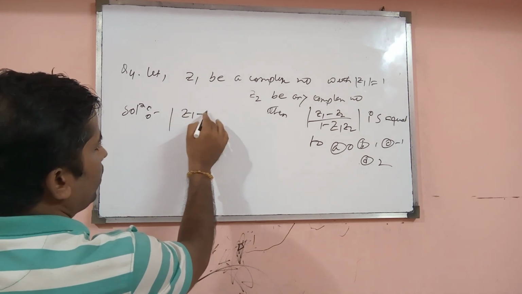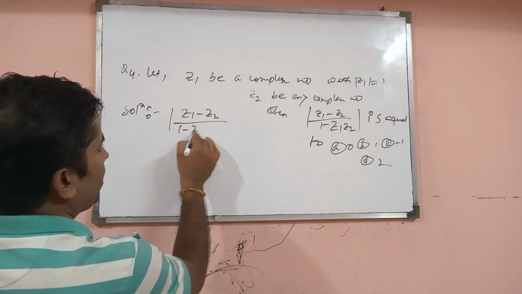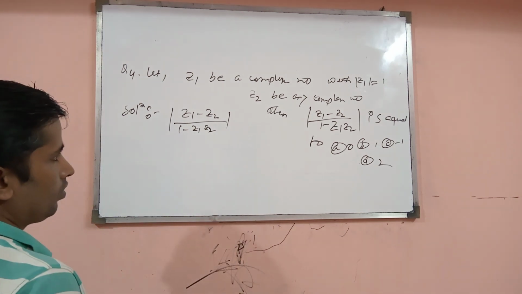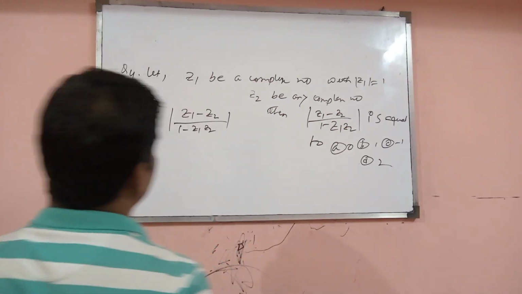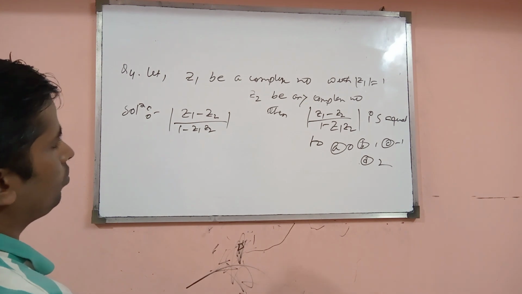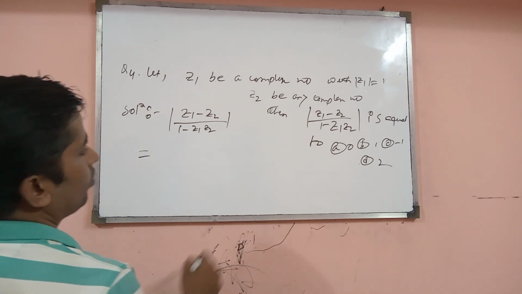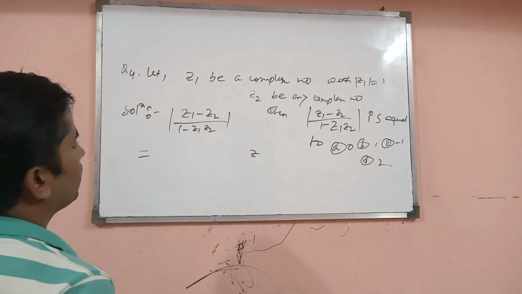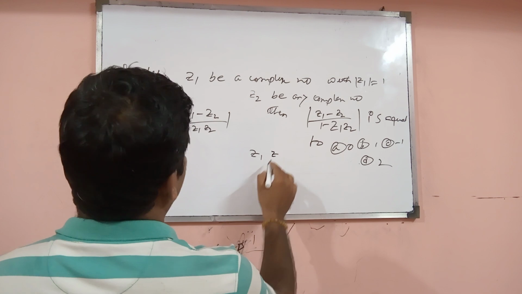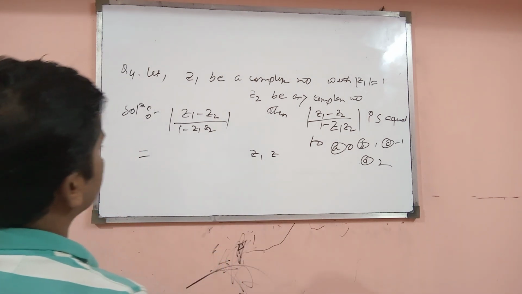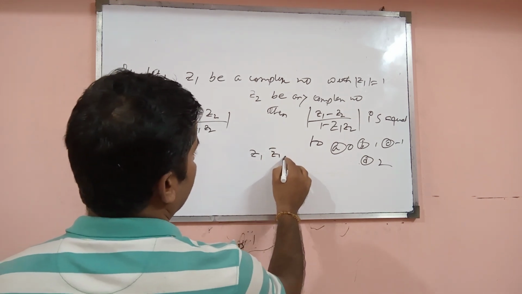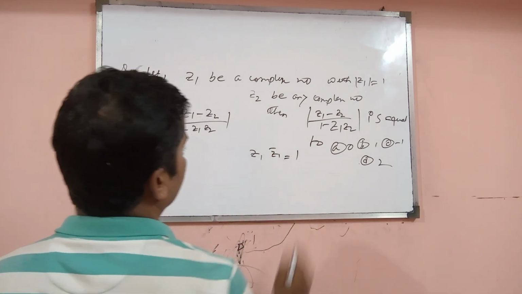Mod z1 minus z2 by 1 minus z1 bar z2, as mod z1 is equal to 1, as mod z1 is equal to 1. So based on this, we must say that is z1 z1 bar is equal to 1.